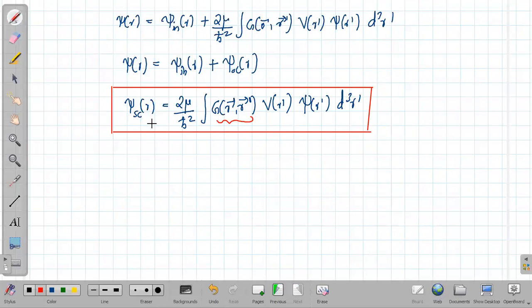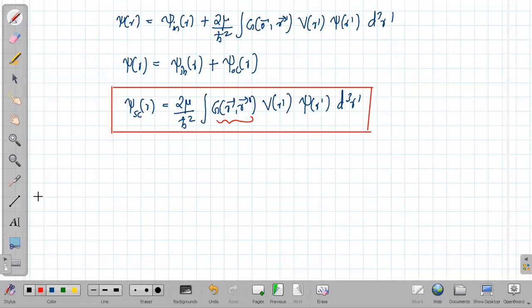The approximation method we are going to use is called the Born approximation. Using the Born approximation, it is possible to find the scattering wave function up to a certain approximation. Thereafter we can find the scattering amplitude, and obviously we'll get information about the differential scattering cross section. So that is the plan.